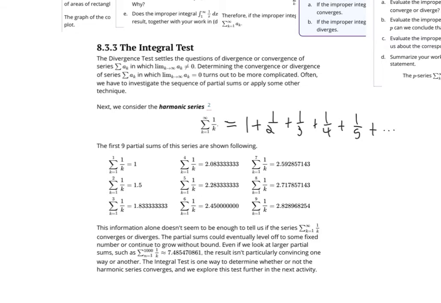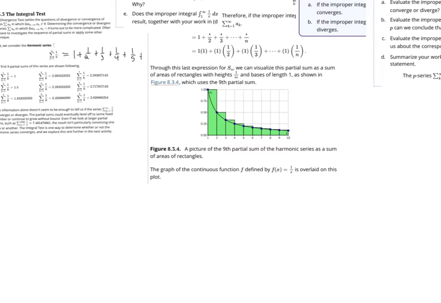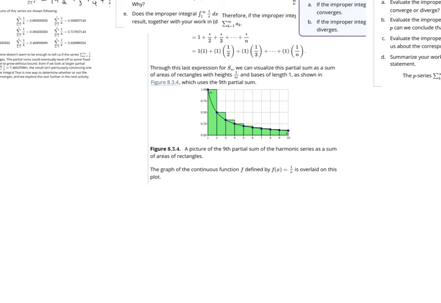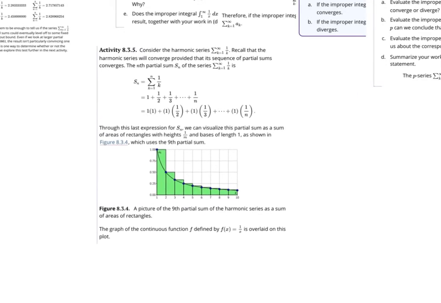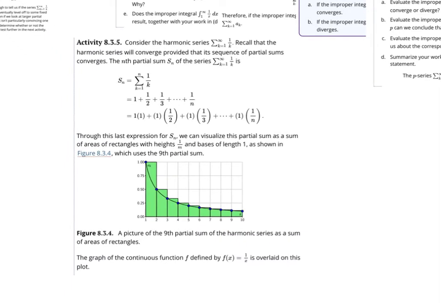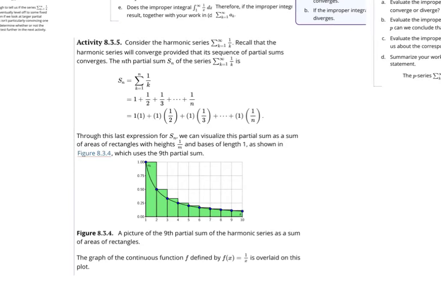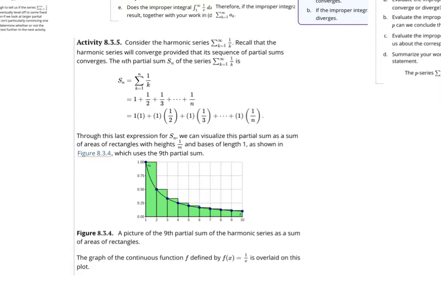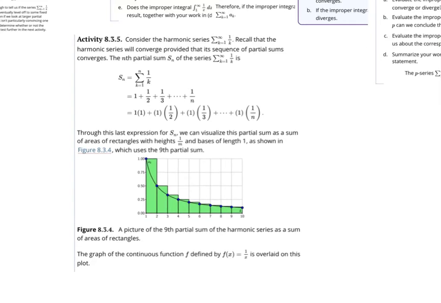That's why we need what's called the integral test. But before giving away what that test is, we want to explore the concepts behind it, which is going to be very useful to us. So we're going to do that through this activity.